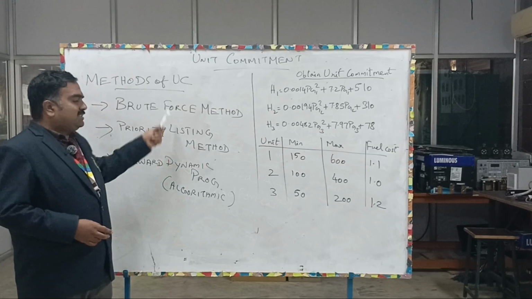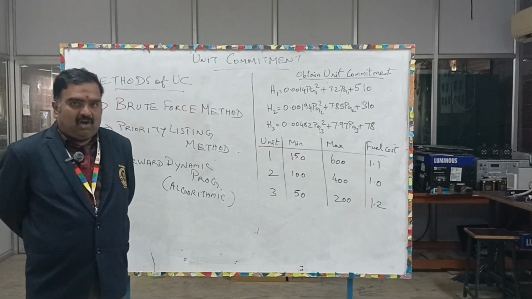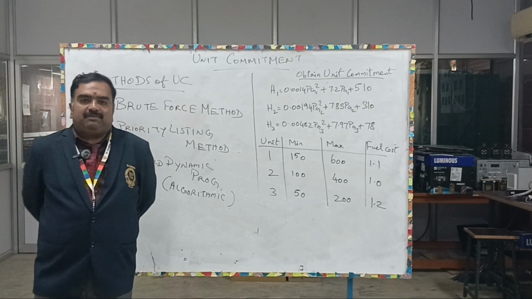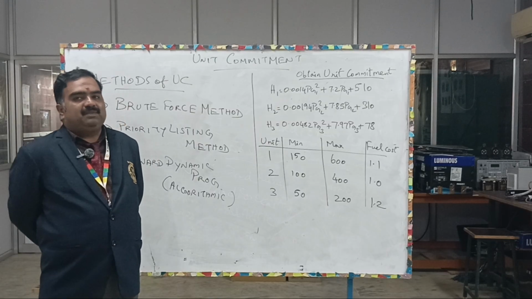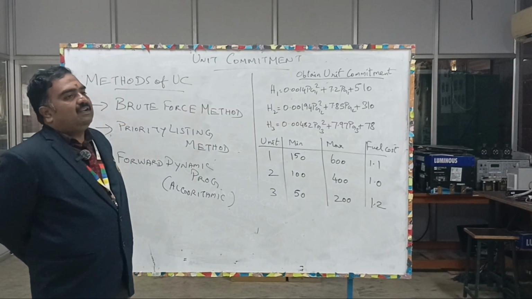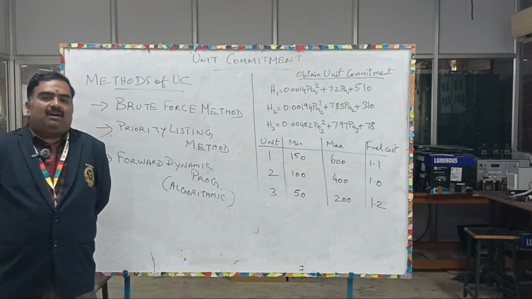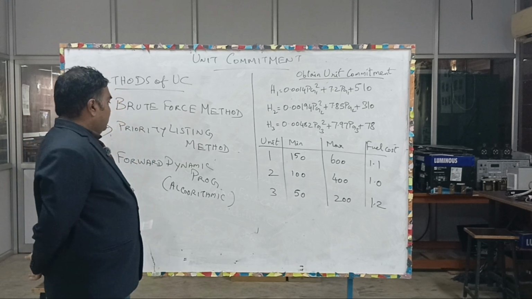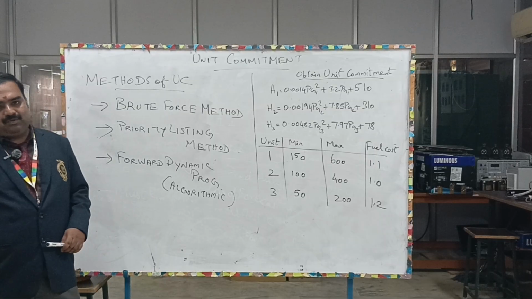The first two methods come in handy when the number of generators is significantly small, maybe some 10 to a few hundred generators. But in a large power system you have thousands of generators scattered across the power system with various dynamics and different constraints, and you cannot manually calculate the cost function for all the generators in a stipulated amount of time. So, we come into the picture of having an algorithmic approach.